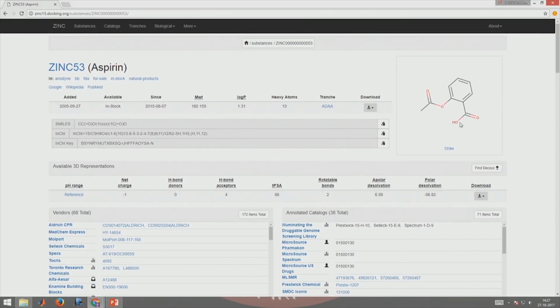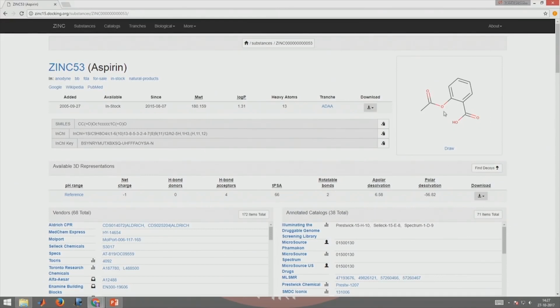Why does it get to -1? Because the OH can easily dissociate. So, you get an O-. It does not have any hydrogen bond donors, okay, because the O and H get dissociated as O minus. So, hydrogen bond acceptors, that means oxygen and nitrogen are called hydrogen bond acceptors.